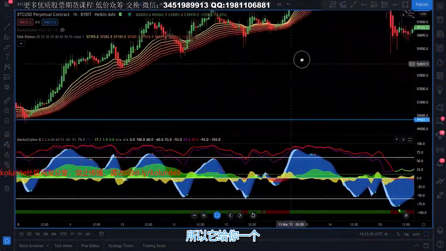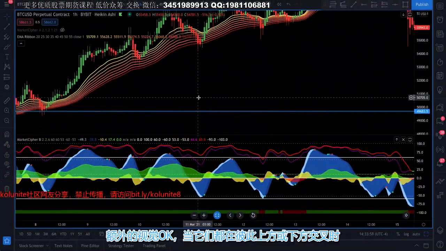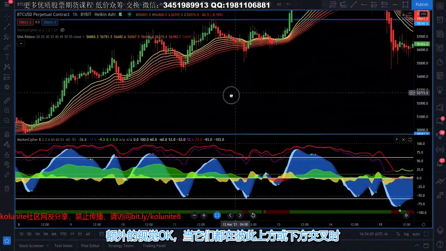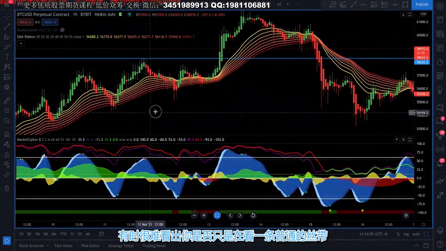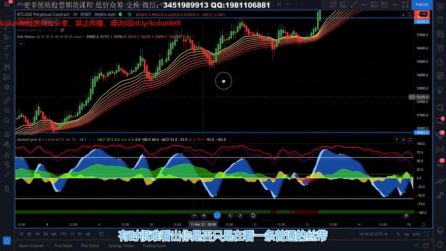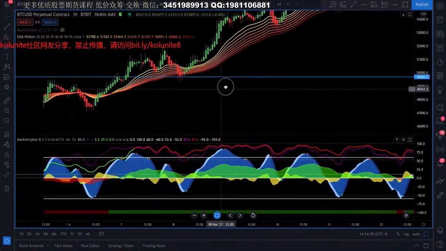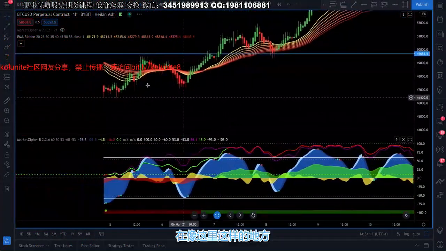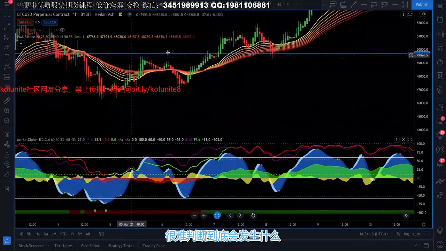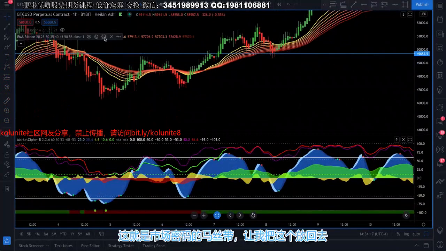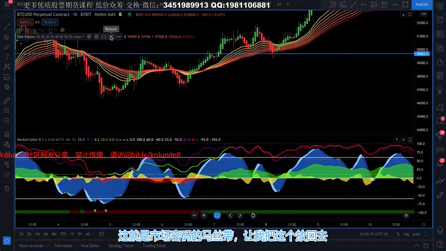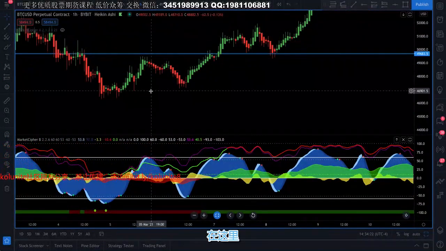So it gives you an extra visual when they all cross above or below each other. Sometimes it can be difficult to see if you're just looking at a normal EMA ribbon. So in areas like right here, it can be very difficult to tell what is actually going to happen. So that is the EMA ribbon of Market Cipher A. Let me put this back on here.